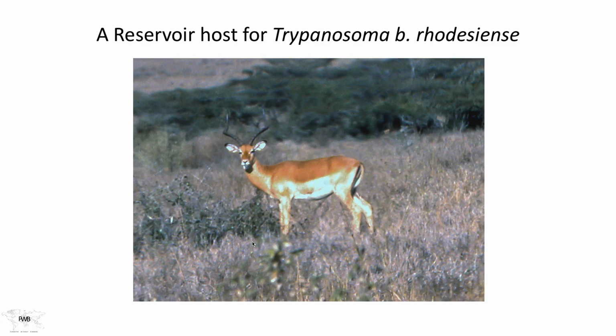Let's return now to where this organism lives. And indeed, if you look in East Africa, you can find virtually every animal species that's worth going and seeing on safari as a potential host for this infection. And that's why it's such a popular infection throughout East Africa. The trypanosome has a different life form in both the mammalian host and in the insect vector.